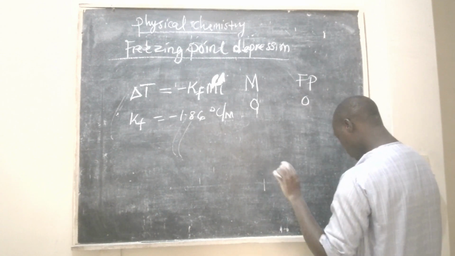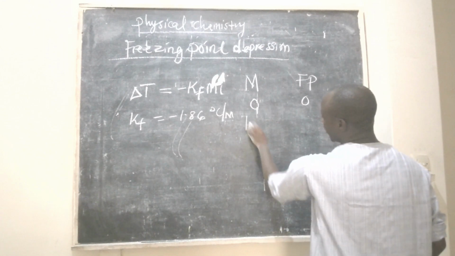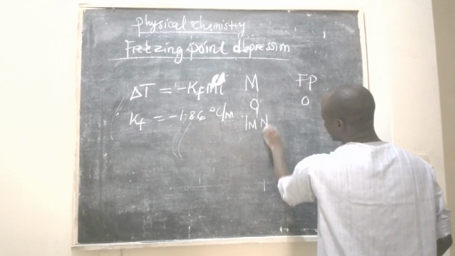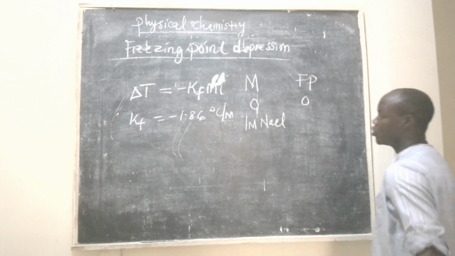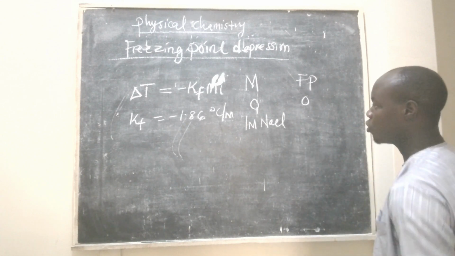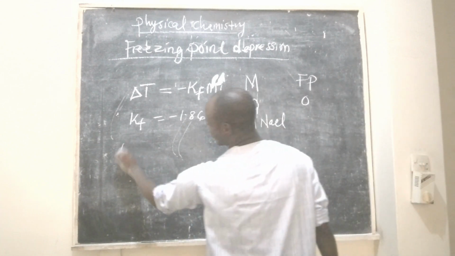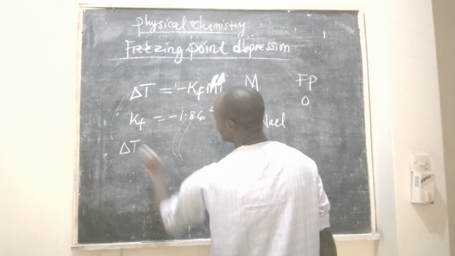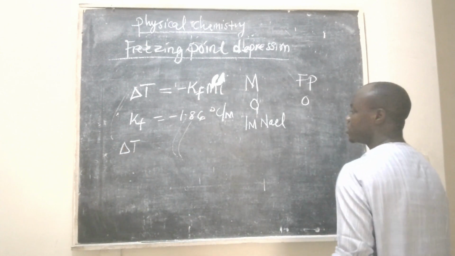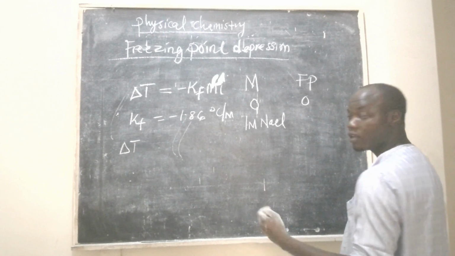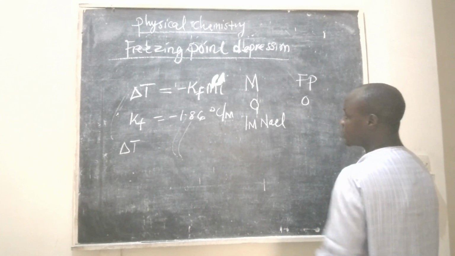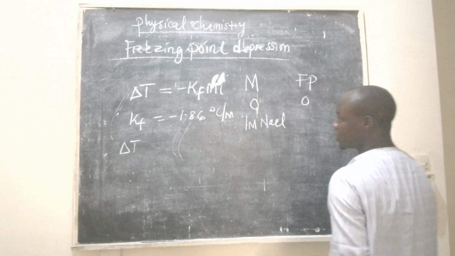But what if you now add 1 molar sodium chloride? It means that your freezing point will be decreased by a factor. How much will it decrease? I think you can easily calculate.